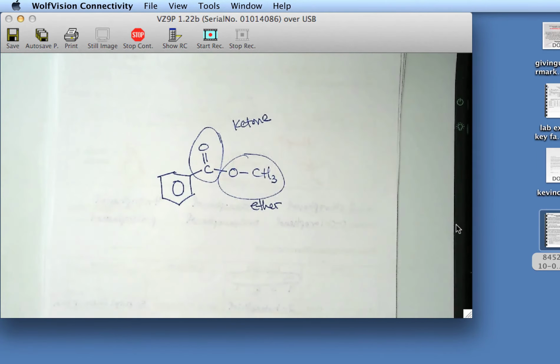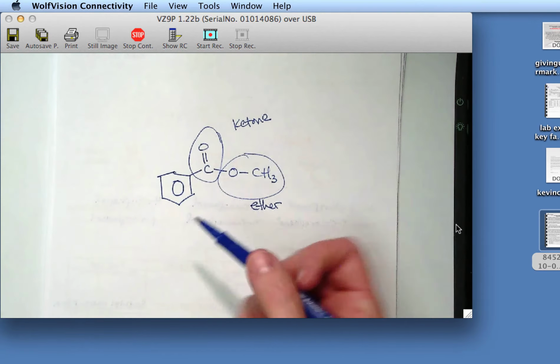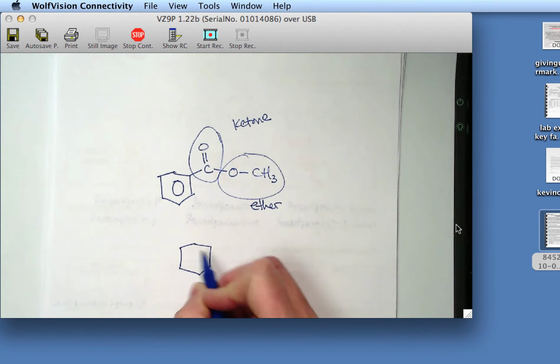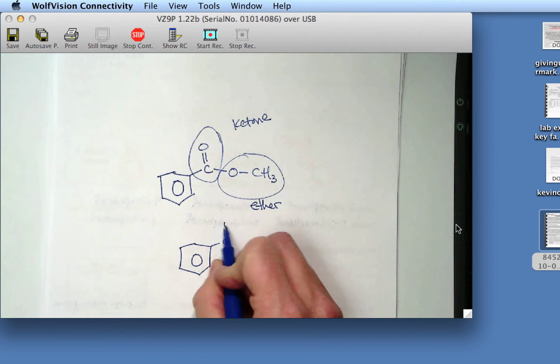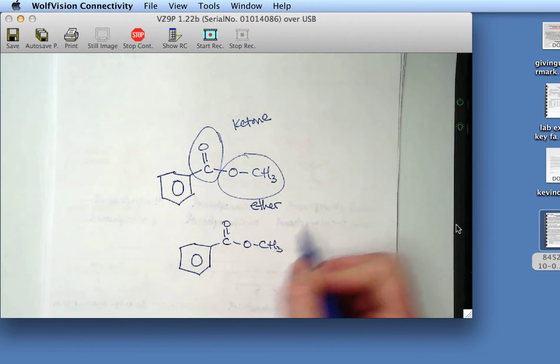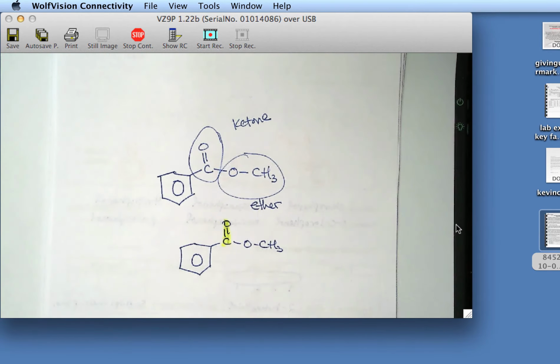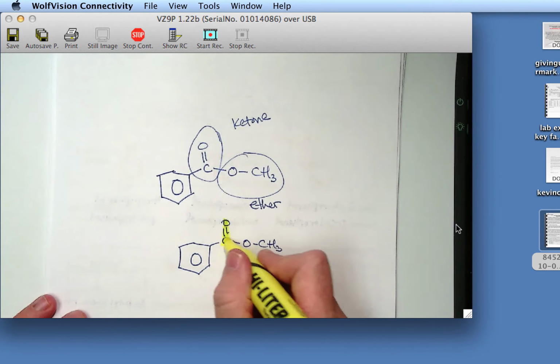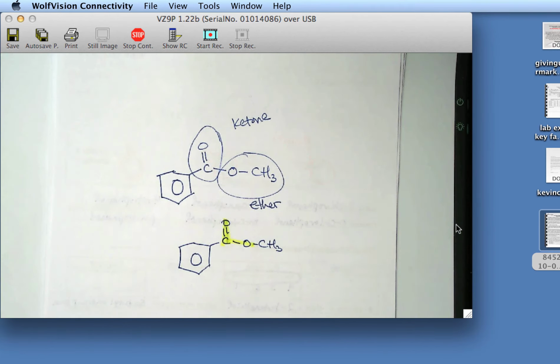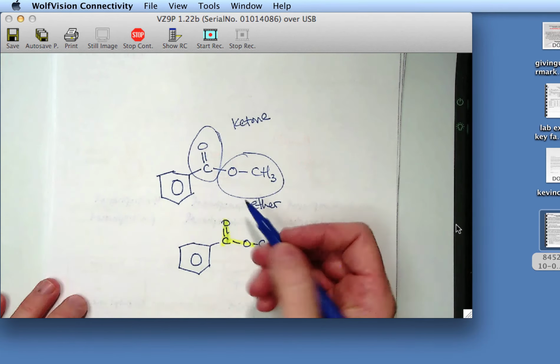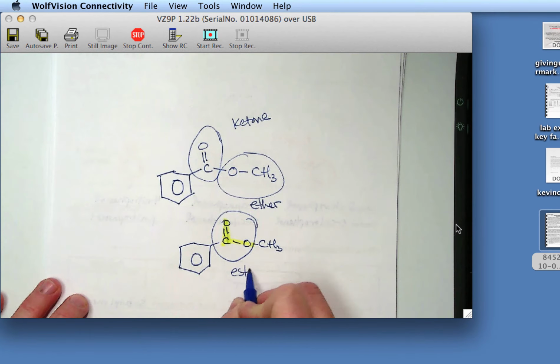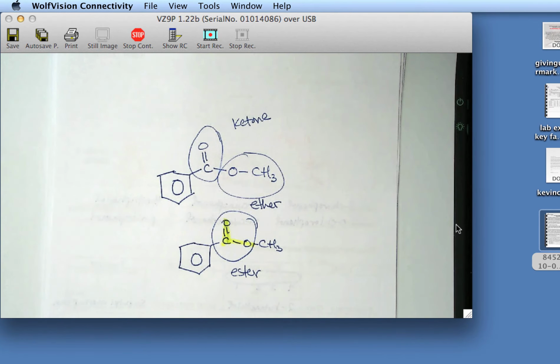But that's not the functional group. What's the functional group? It's an ester. Whenever you have that C double bond O, look to the left, look to the right. If you see anything other than carbons, that's going to influence what functional group it is. Just being able to differentiate these functional groups will take you a long way in Unit 4.